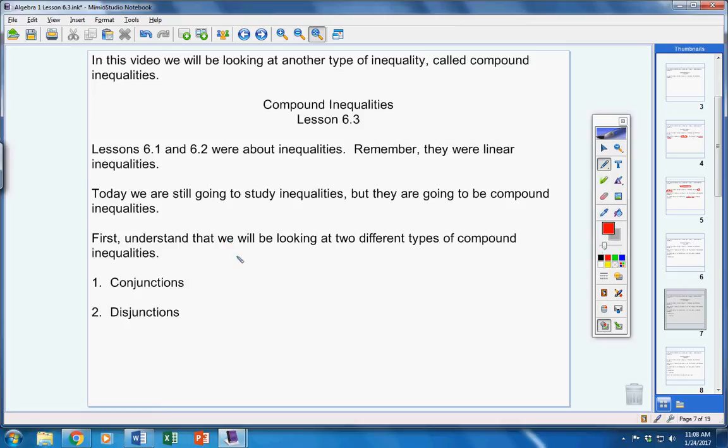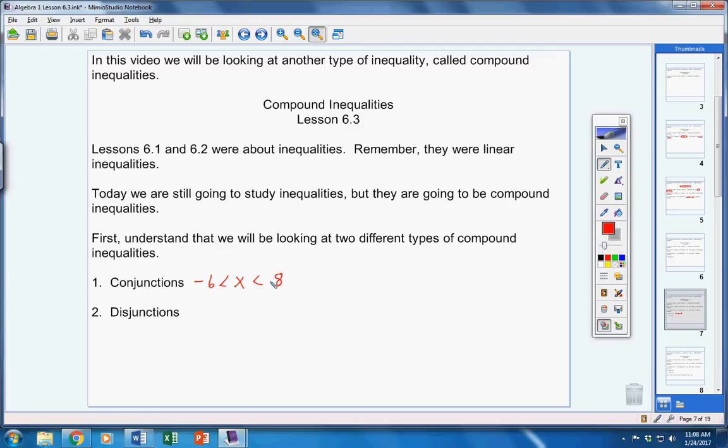Now, for a conjunction, it will look like this. The x will be in the middle, and you will have two arrows or inequality symbols facing the same way with a number here like maybe -6 and a number here. That's what a conjunction looks like.